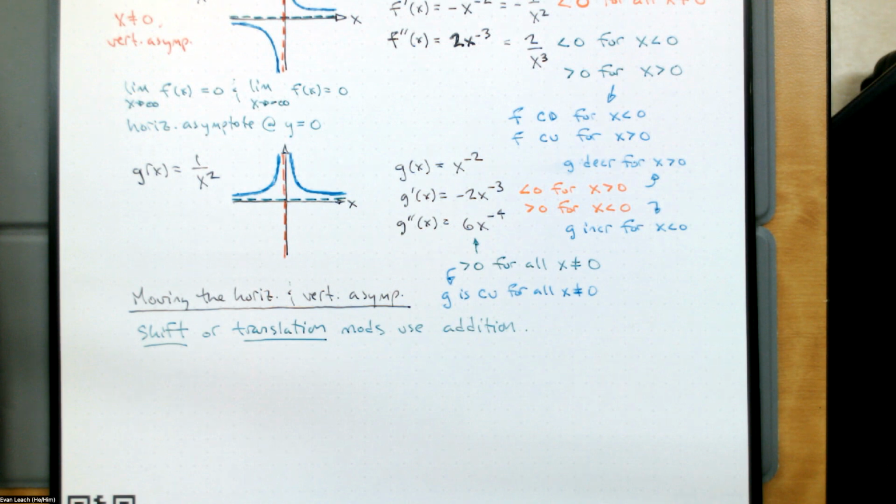Horizontal changes happen before the function. Vertical changes happen after the function. Horizontal changes are a result of input changes.